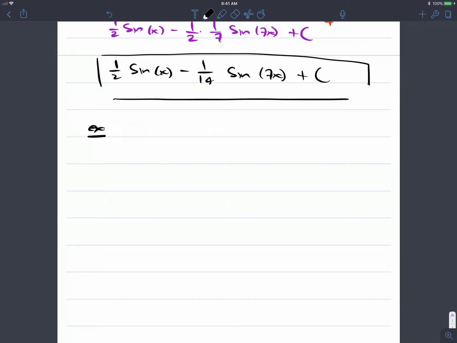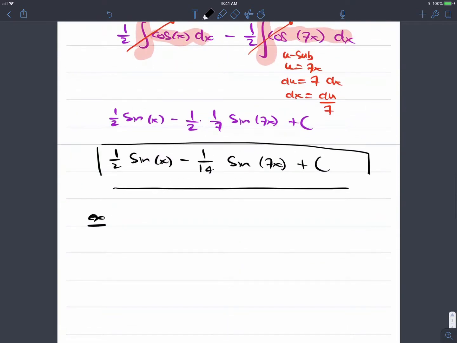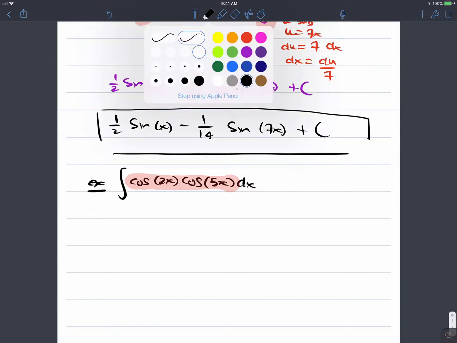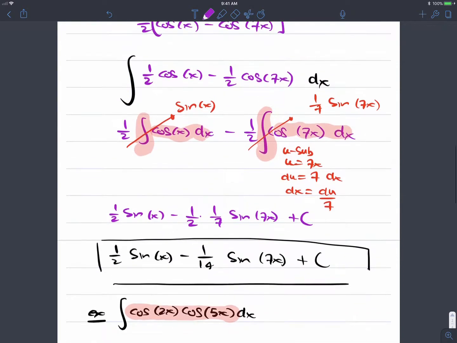Another example. We're going to integrate now cosine 2x, cosine 5x dx. So again, we start with a product of cosines. We're going to have to use the appropriate product to sum formula.